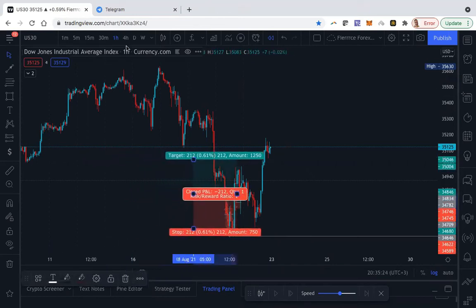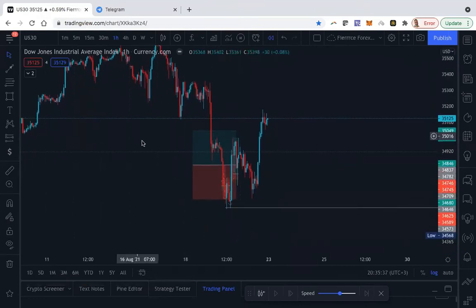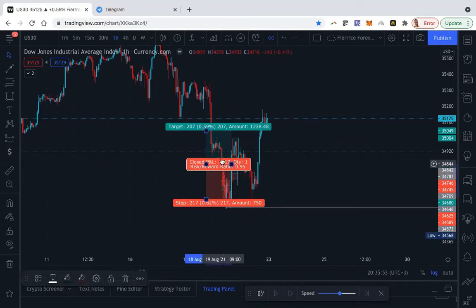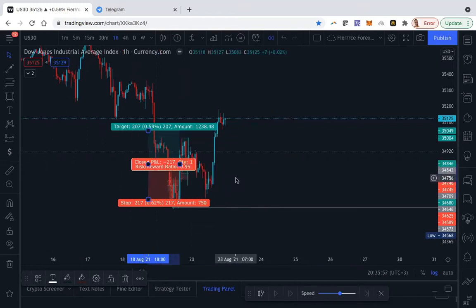Now the call was at 10, so it's around 10 o'clock. So this candle here is the 8 o'clock candle?